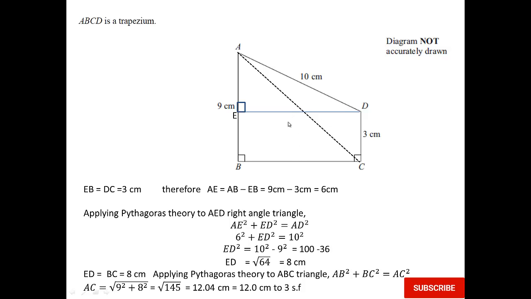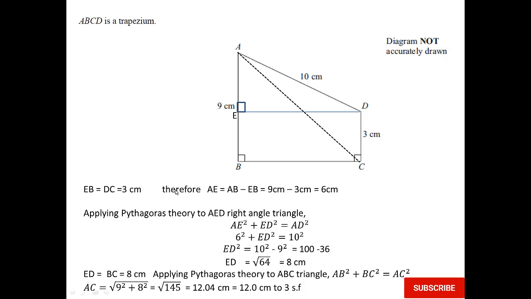The opposite sides of a rectangle are equal. Therefore, ED is equal to BC. And also, EB is equal to DC. As we already know the length DC, it is equal to EB as well.